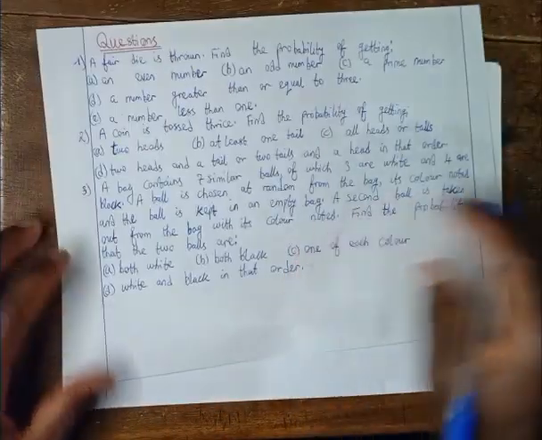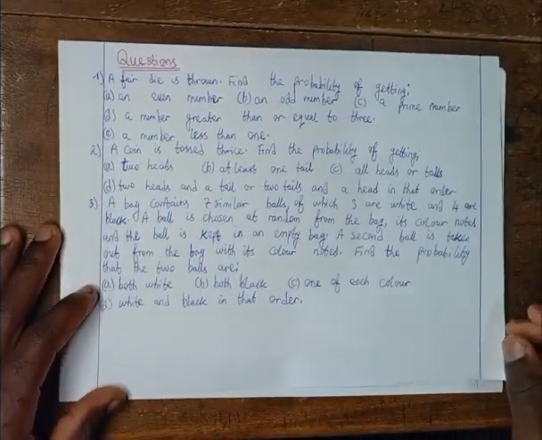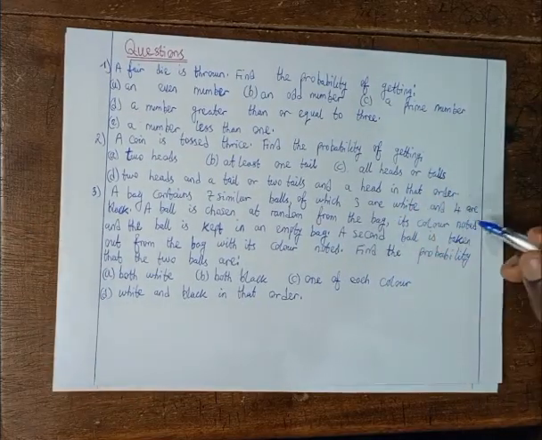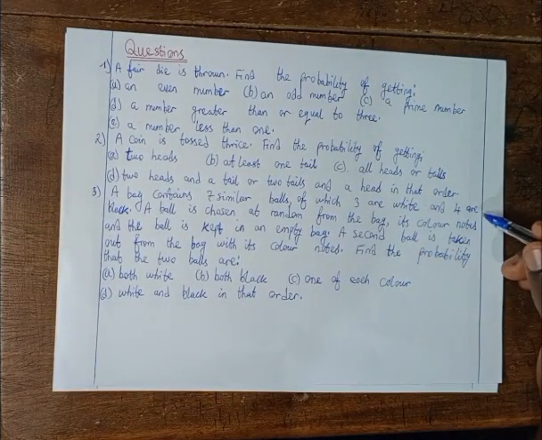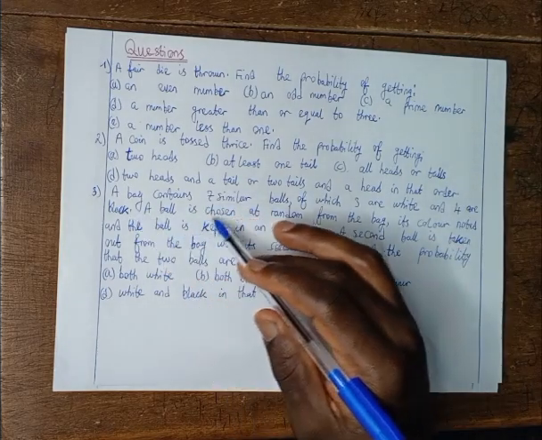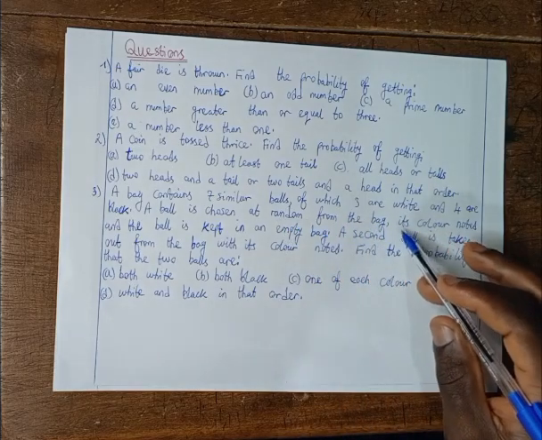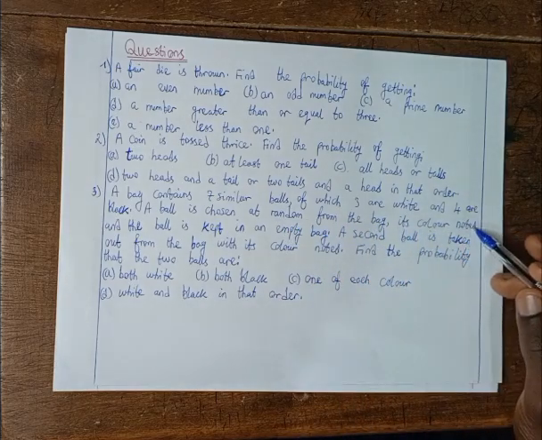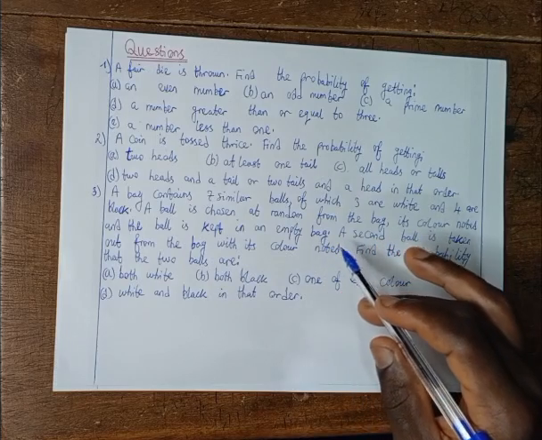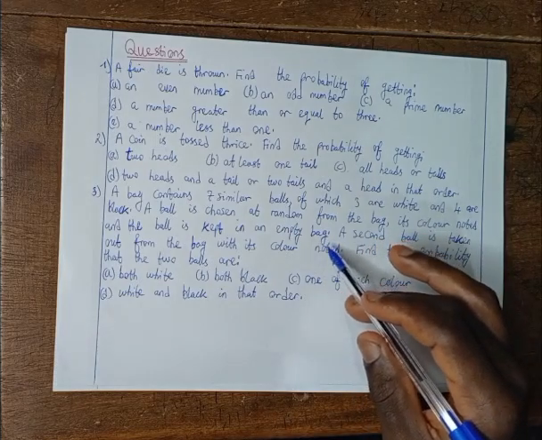Question 3 says a bag contains 7 similar balls, of which 3 are white and 4 are black. A ball is chosen at random from the bag, its color noted, and the ball is kept in an empty bag. That means there's a different bag which is empty.